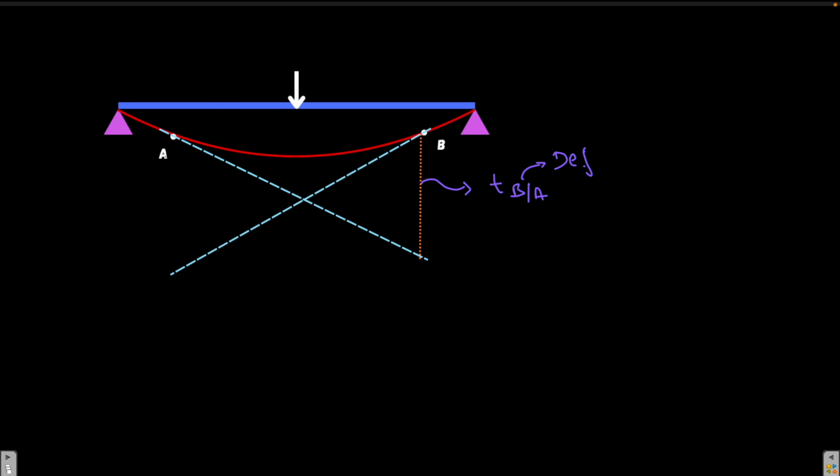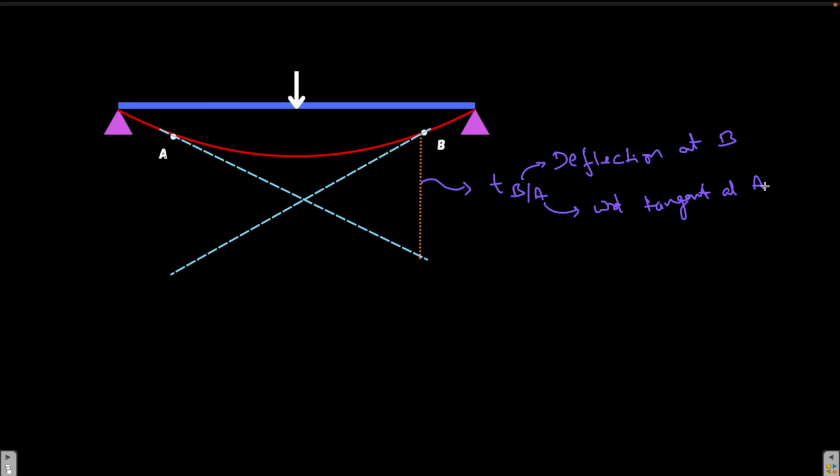Let me write: deflection at B, and this deflection is with respect to the tangent at A. So this is the meaning of the expression TBA.